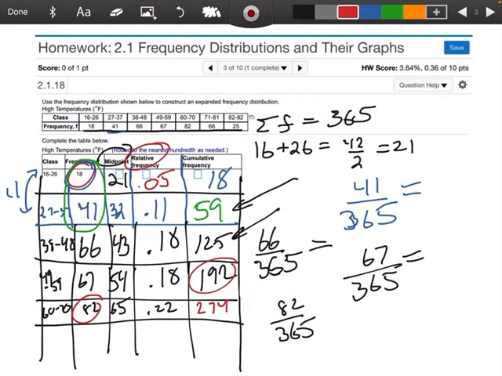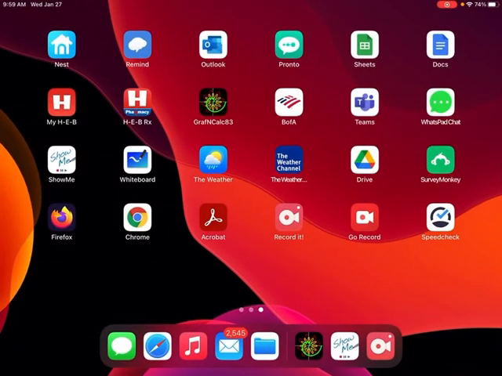Okay, we're almost done here, guys. I think I've got enough space to do this. 71 to 81, and the last one is going to be 82 to 92. Here we have 66. We're going to add 11 again, and that's going to give me 76. Now I need to take 66 over 365 to get my relative frequency.